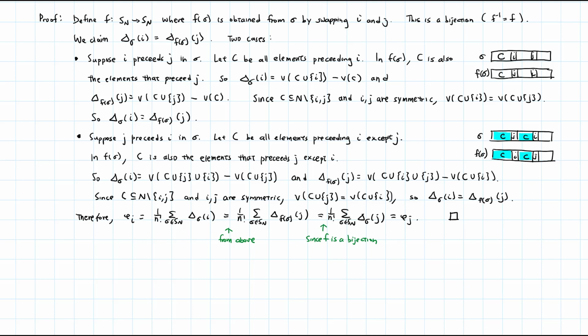Now these two properties can help us simplify the calculations of Shapley values when players are known to be symmetric. Let's consider the example of the unanimity game. Suppose we have n players, and the only way to get any value is if everybody is in the coalition. So V of S is equal to 1 if S is equal to N, and 0 otherwise.